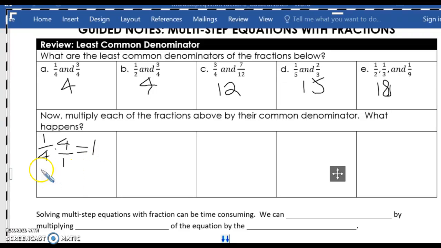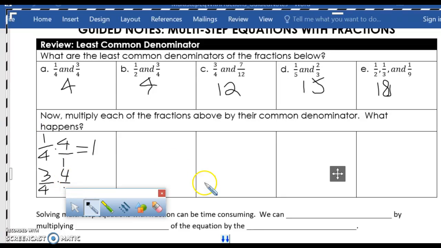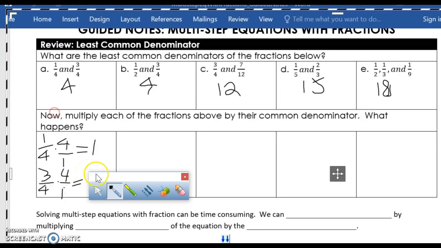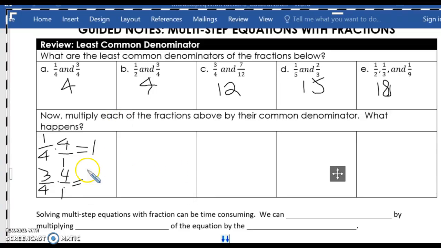We multiply 3/4 by 4, the 4's cancel, and we're left with 3.